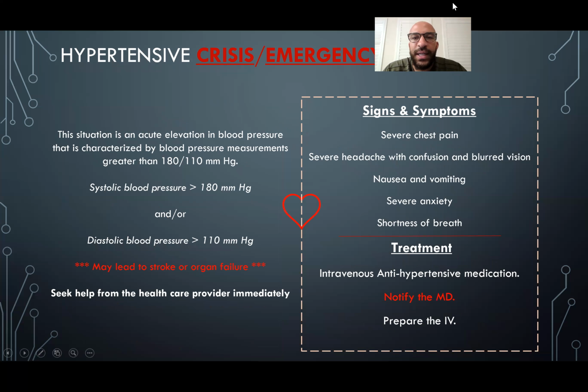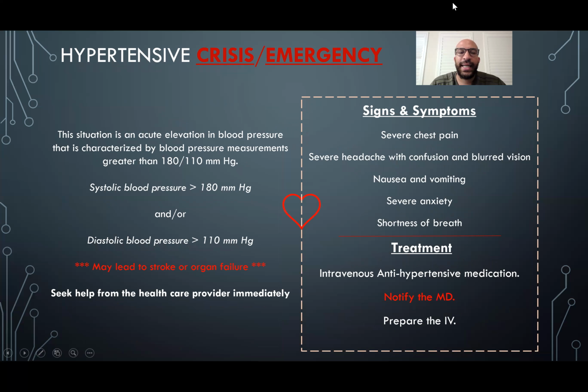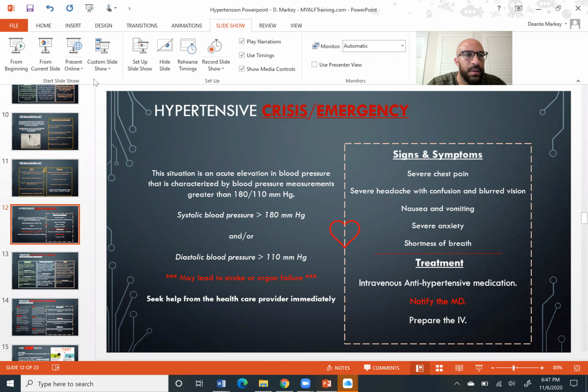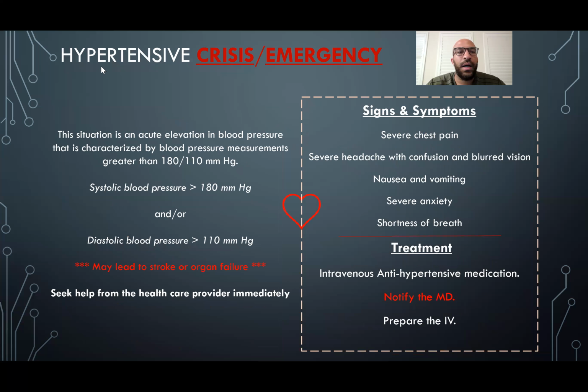So last but not least, hypertensive crisis. So, hypertensive crisis or emergency. So, the blood pressure was high and then it fell low after the hypertensive medications. And now it's so high that we're in an emergency.